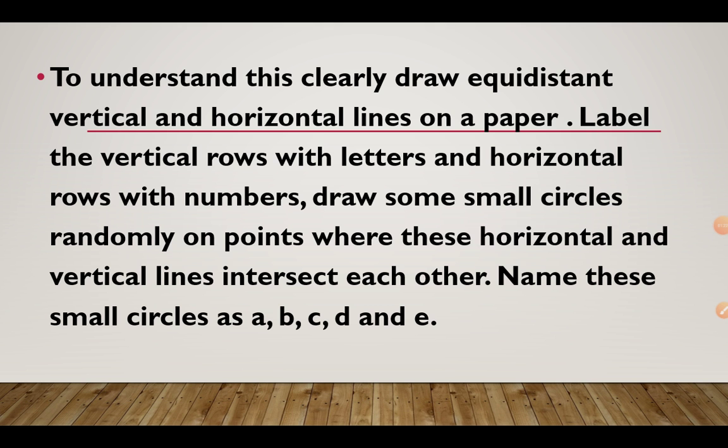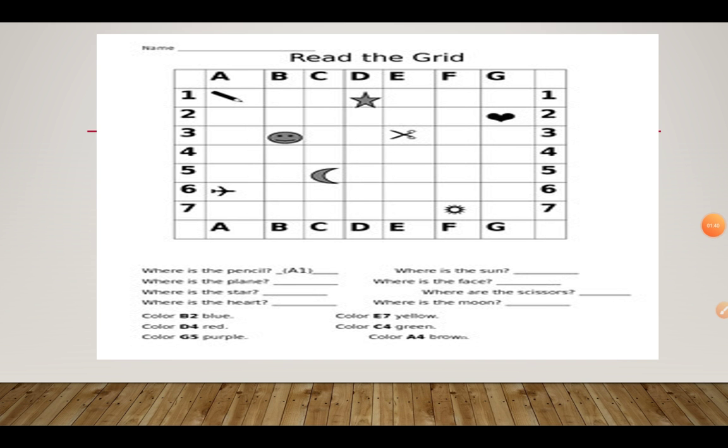To understand this clearly, draw equidistant vertical and horizontal lines on a paper. Label the vertical row with letters and the horizontal row with numbers. Now I am going to show you the picture of a grid.